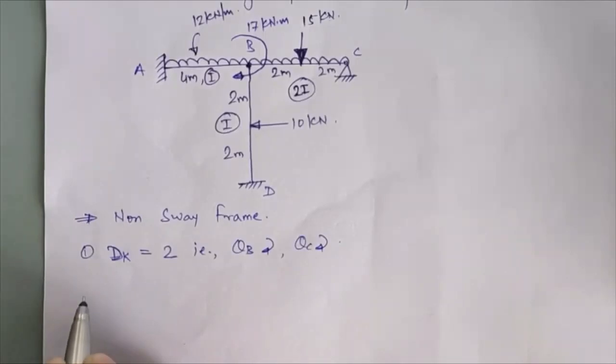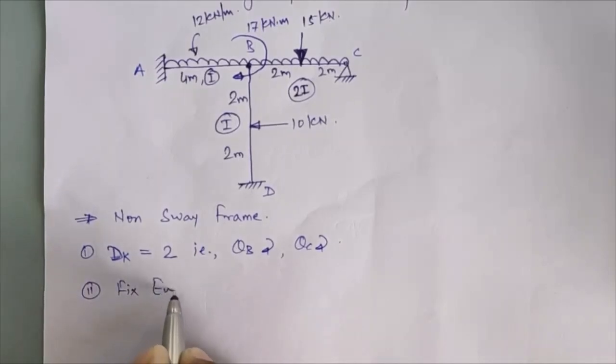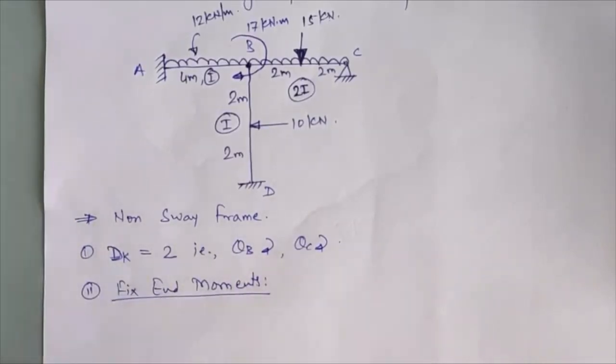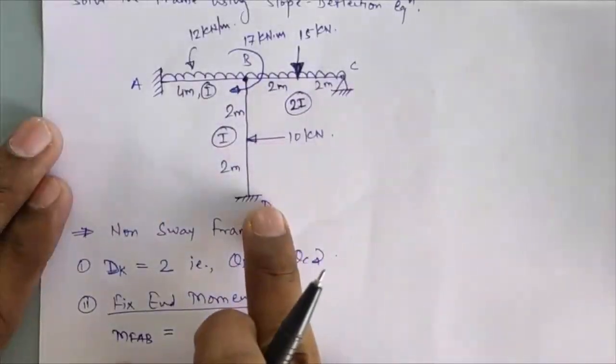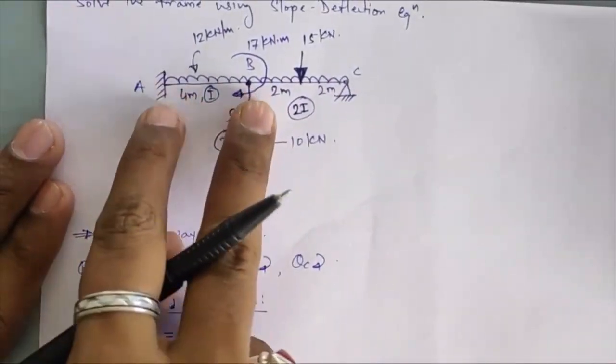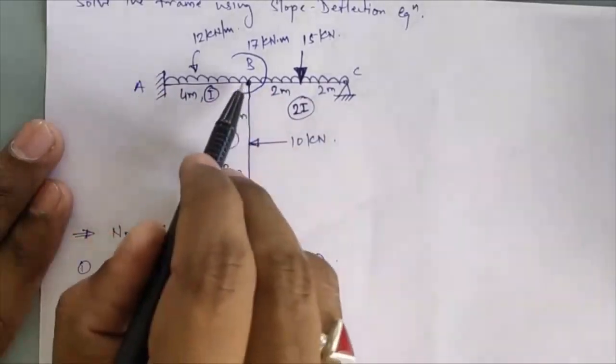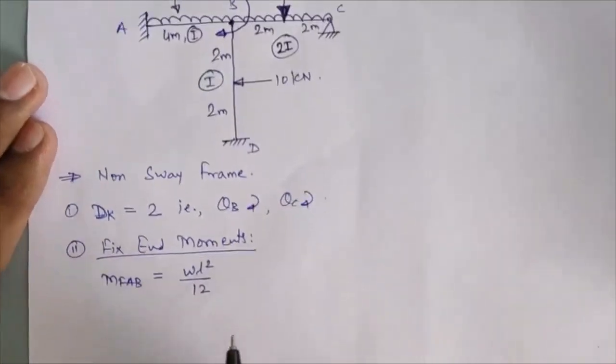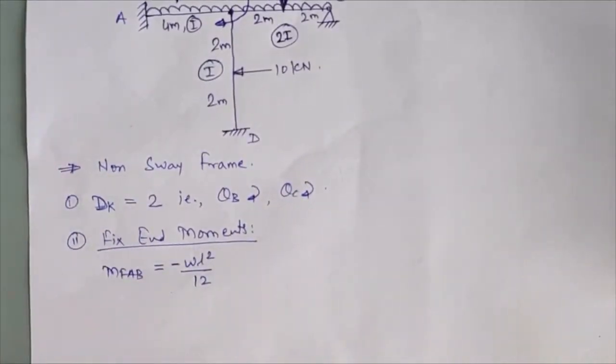Then we will proceed to our second step, that is, to calculate the fixed end moments. For calculating the fixed end moments, initially we fix all the joints A, B, C and D. First we will see member AB. The loading on member AB is a UDL throughout the span, so the fixed end moment will be WL square divided by 12, and the restoring moment will be anticlockwise in nature, so it will be negative.